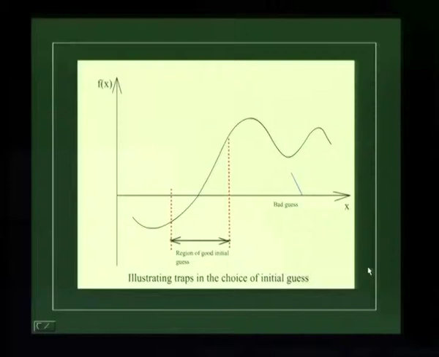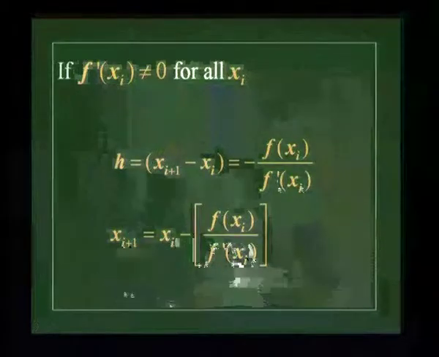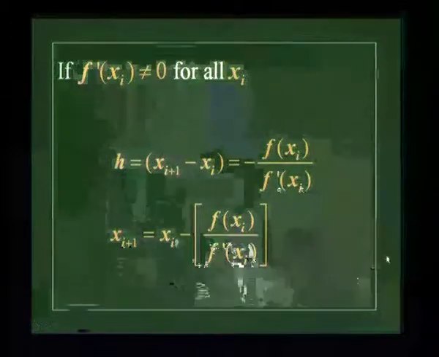That can give us a large error. So, that is the formula which you are using. If f prime is very small, we can get a large error, go to a very large value, and things can diverge.